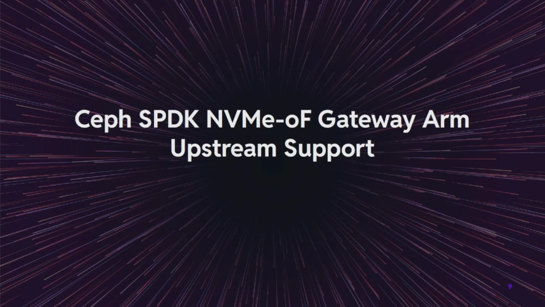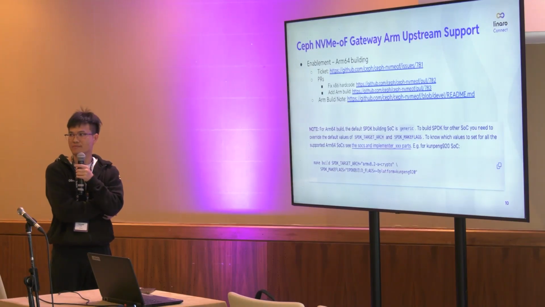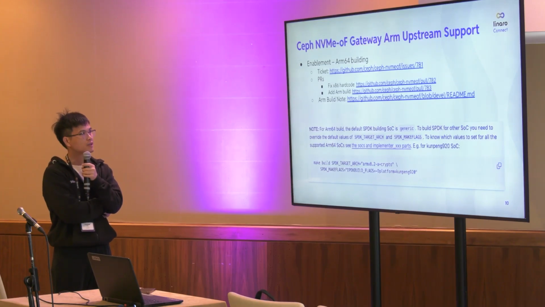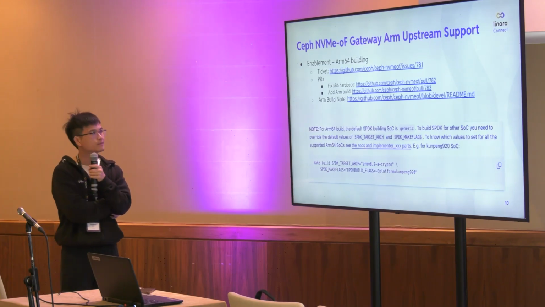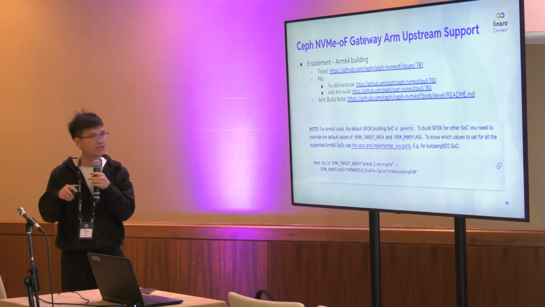Next we'll share some ARM upstream support work. First is the enablement. We added the ARM64 build and fixed the x86 hardcoding so that we can run the gateway on ARM machines.